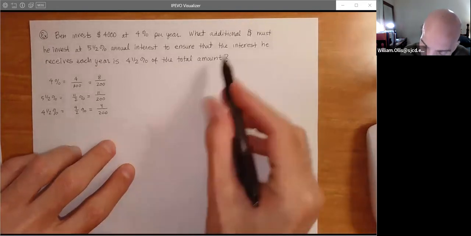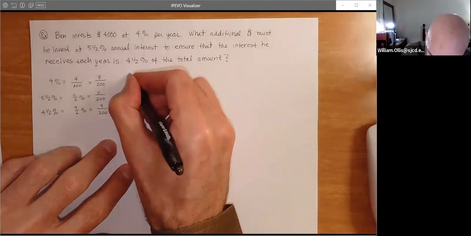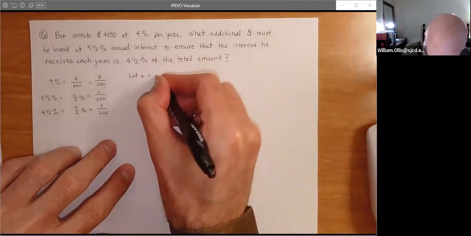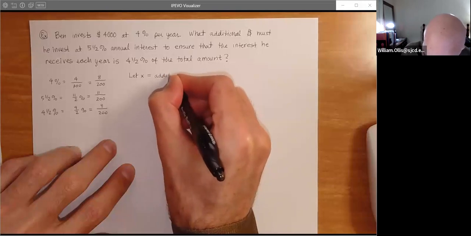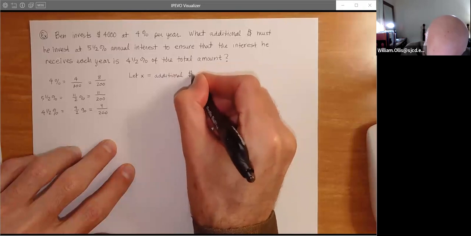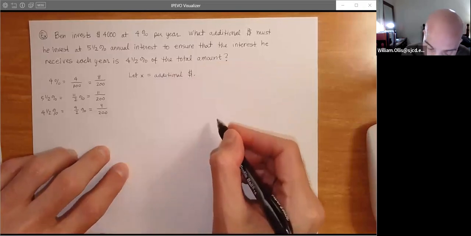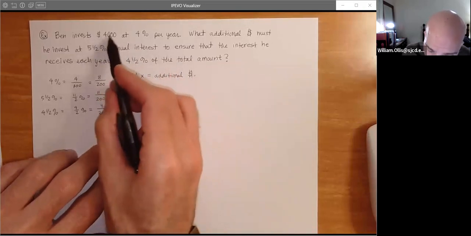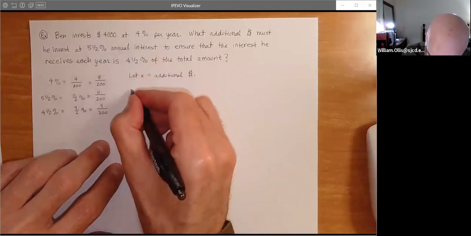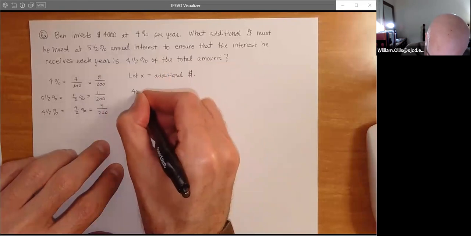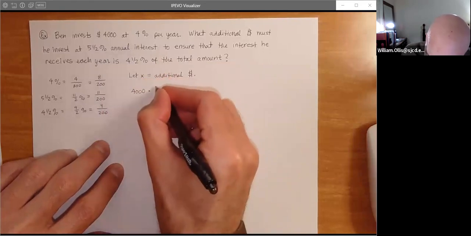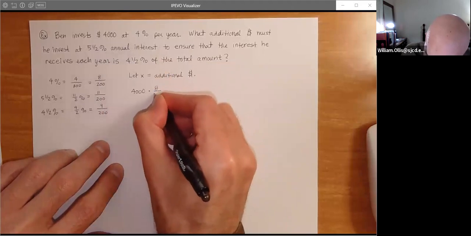So now all we need is that additional amount. So we can say let X equal the additional money. Just give it a variable. So now again, he invests the 4,000 at 4%. So we have $4,000 invested at 4%, 8 over 200.